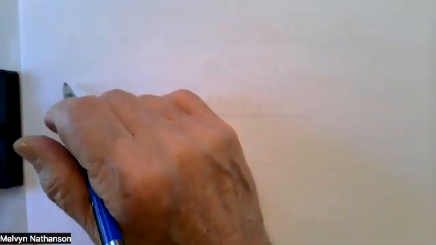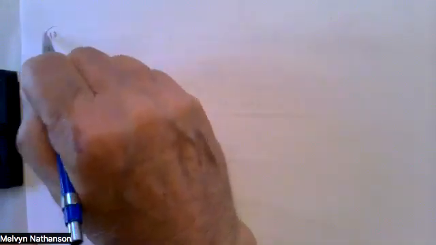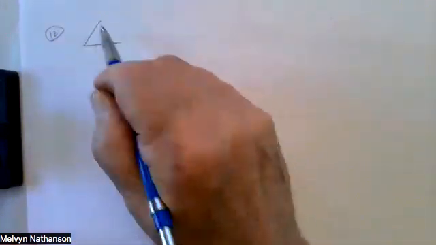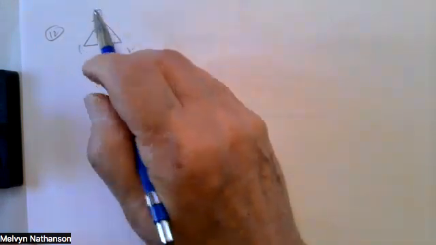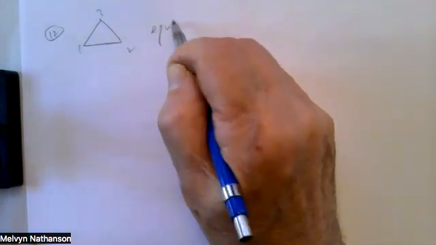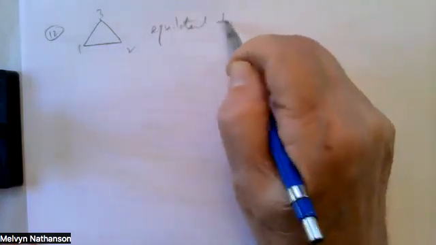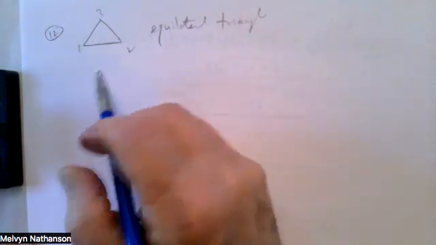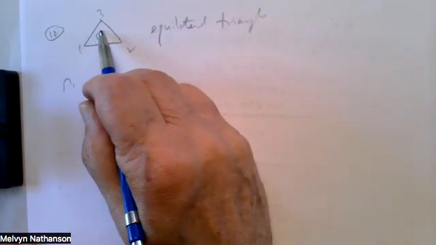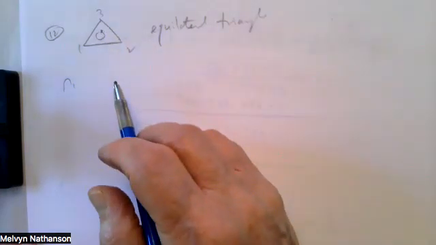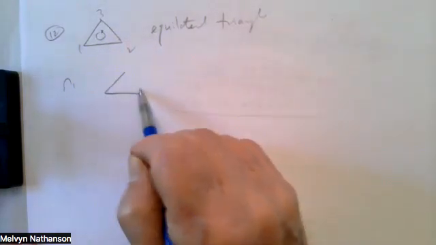Problem 12, the last exercise where we calculate things, is symmetries of an equilateral triangle. We already saw that in the context of permutations of 1, 2, 3. So let's say this is my equilateral triangle, and R1 is a rotation by 2 pi over 3 radians.